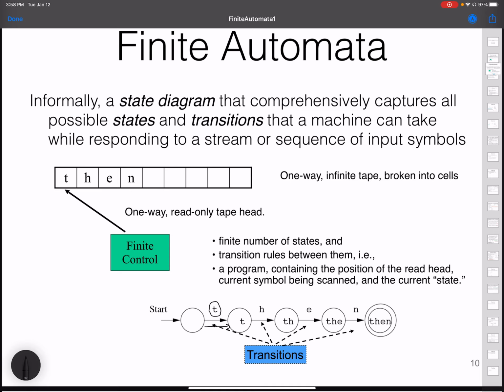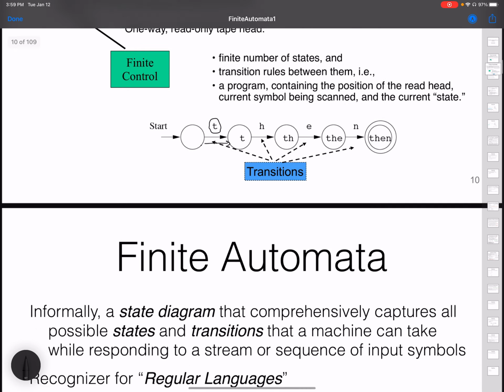At each position, your machine is going to be at one of the states mentioned in your finite control. So your machine is going to be a set of states, with all the transitions between them set, and it has access to a head that reads the input, and by reading each input, it changes the current state that the machine is at.